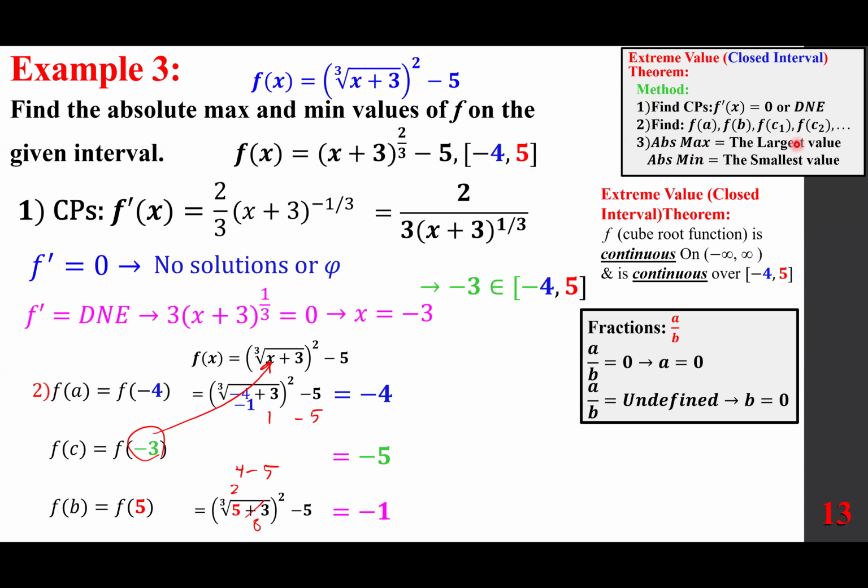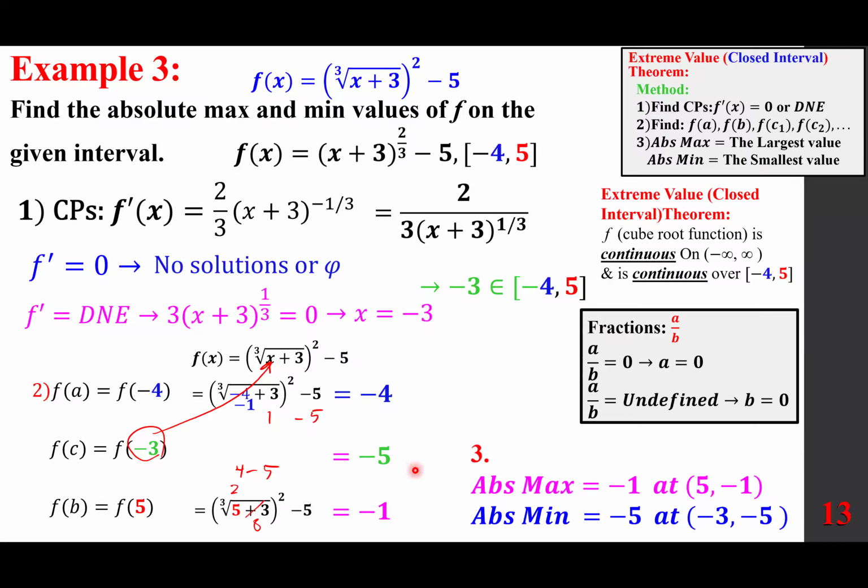Absolute maximum is the largest. Since all of them are negative, -1 is the largest. So absolute max is -1 at 5, comma, -1. Absolute minimum is the smallest, -5, at -3, comma, -5. So the absolute maximum equals -1 at (5, -1), and the absolute minimum is -5 at (-3, -5).